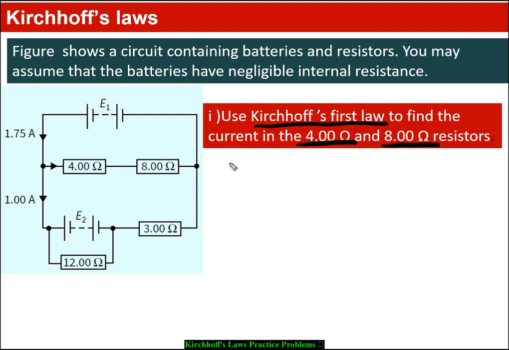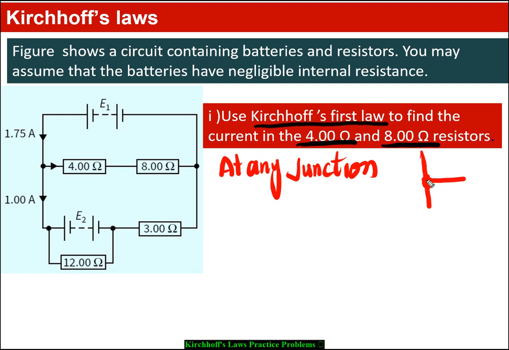Kirchhoff's first law is simply at any junction. Junction simply means, let's say this is a point, a junction, and we can also call this point a node.